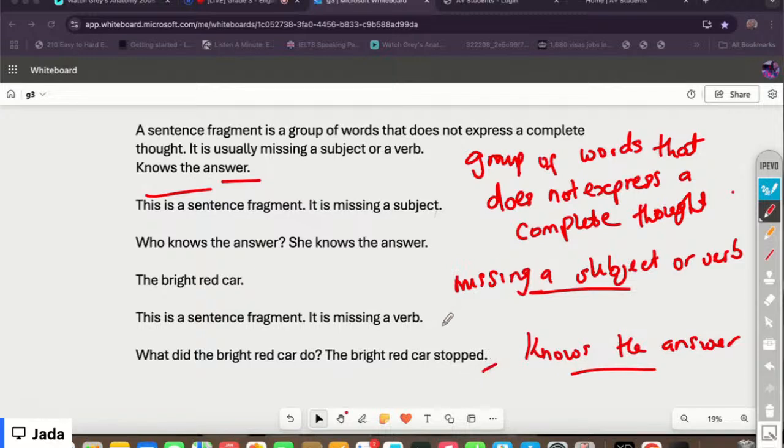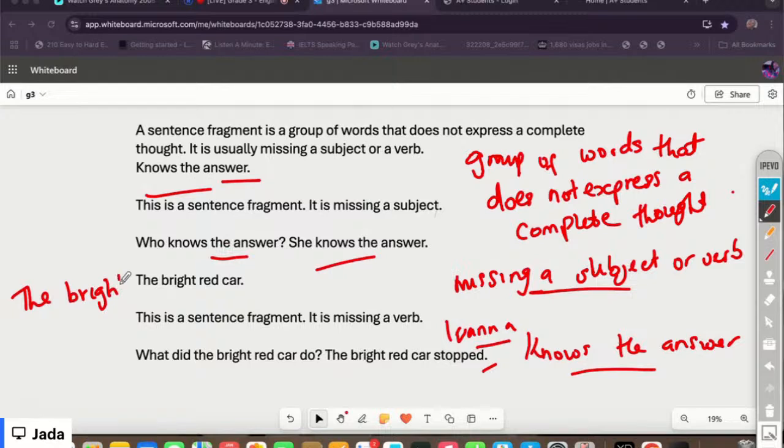So we could say "Ivana knows the answer." That makes it a complete sentence. But if it doesn't have the name or a pronoun, then it is a sentence fragment. So it's always going to miss a subject or verb. We don't know who knows the answer, or if she knows the answer.